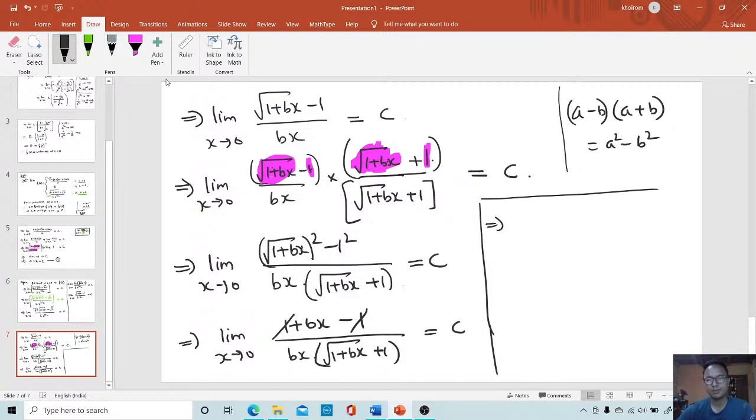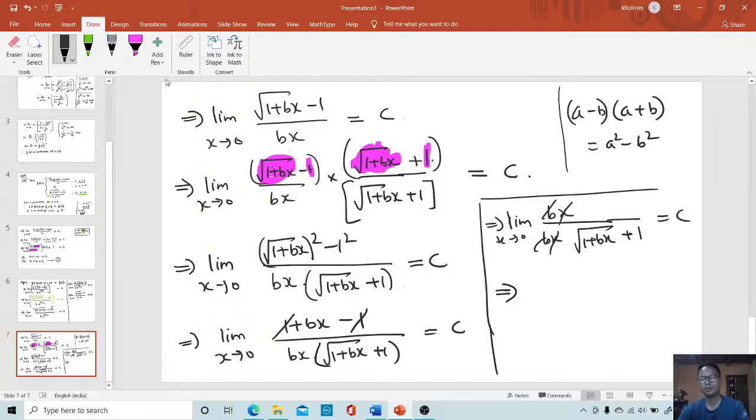So we are now left with limit bx by bx under root of 1 plus bx plus 1 equal to c. Now bx is also common, so we cancel out.